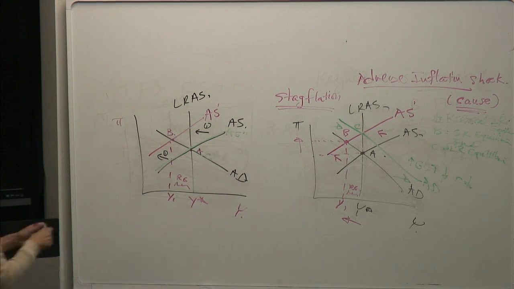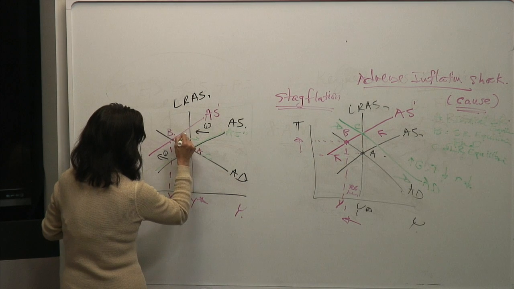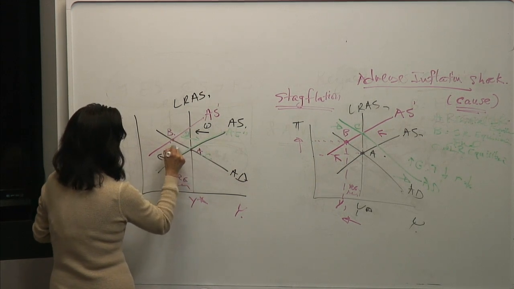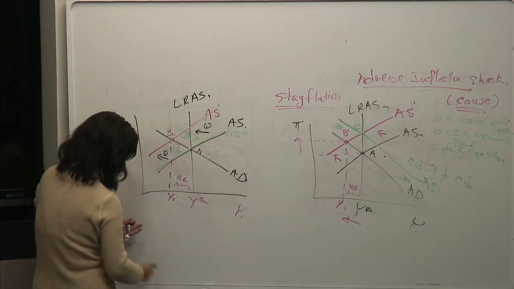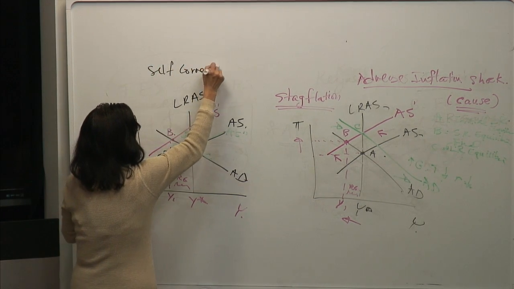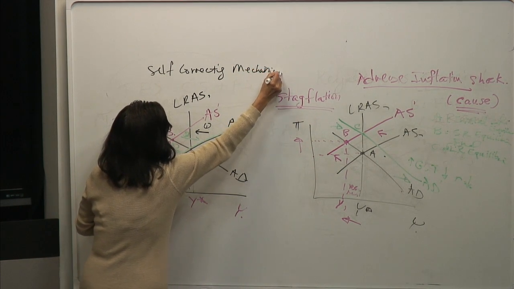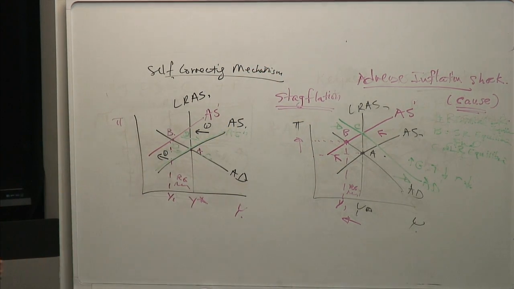So in other words, you could also do it like that. This is if you use the self-correcting mechanism, if you don't throw in any policy, although it could work the other way.